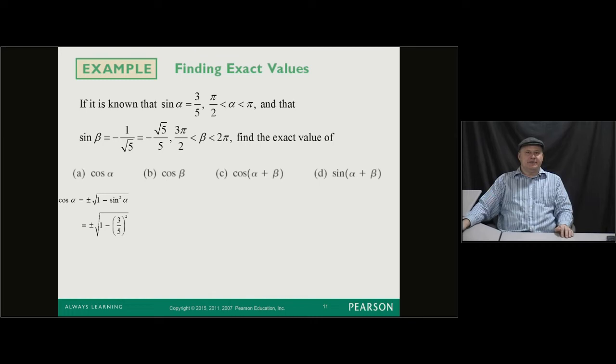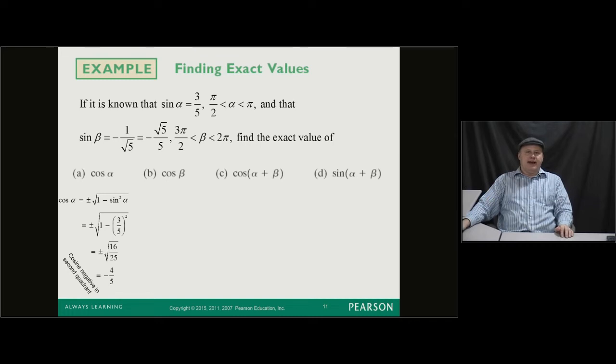Sine of alpha is 3/5. And then you just do the math. I'll still carry down the plus or minus. That becomes 16 over 25 under the radical. But since cosine is negative in the second quadrant, we'll put the minus. And so it's minus 4/5. Square root of 16 is 4. The square root of 25 is 5. Minus 4/5.